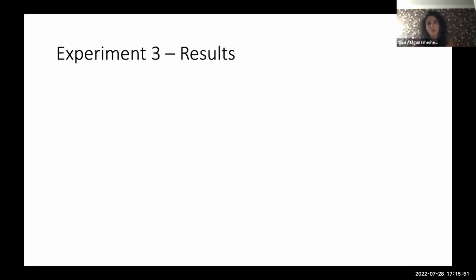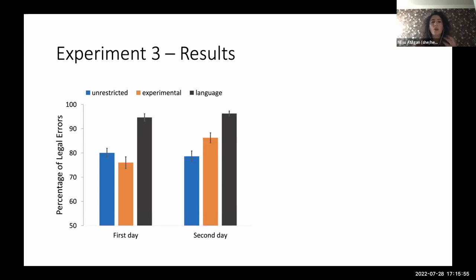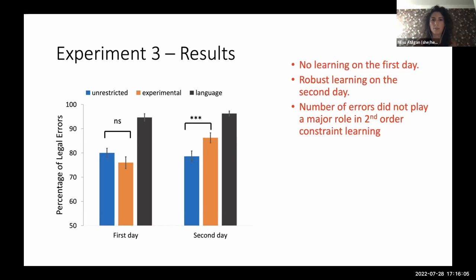The first pattern of results I would like to show is the learning pattern. On the first day, we found pretty similar percentages of legality errors for unrestricted and experimental groups, with no significant difference between them. This would suggest no learning of experimental constraints.